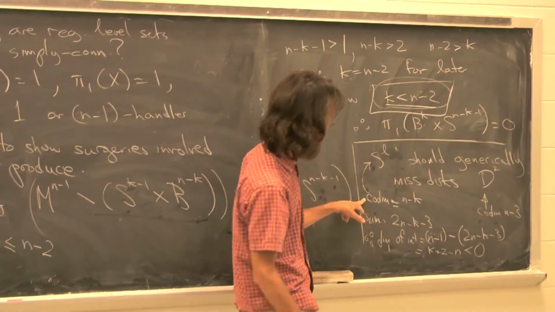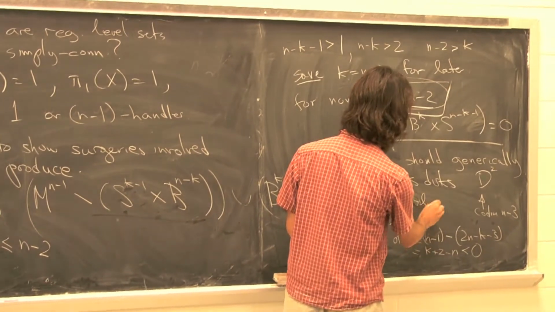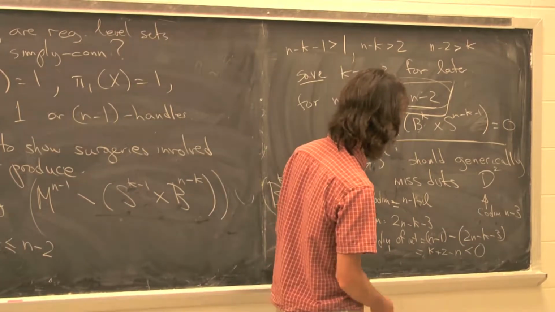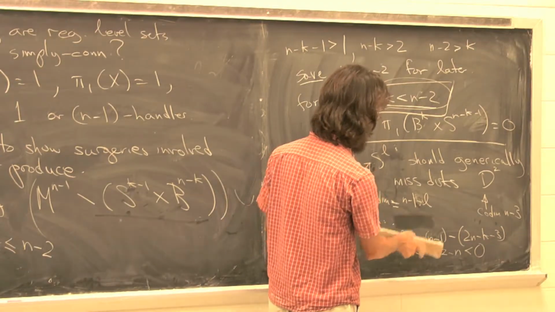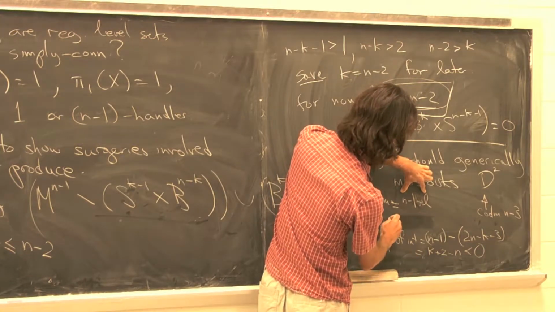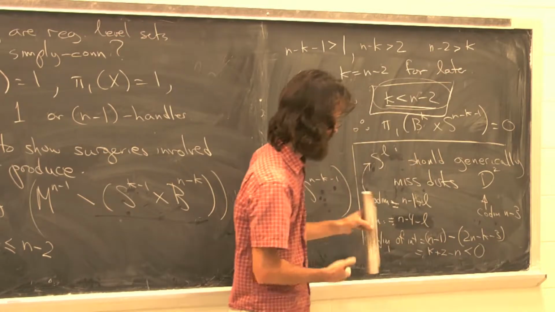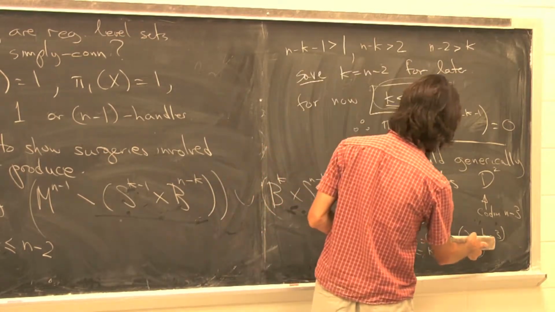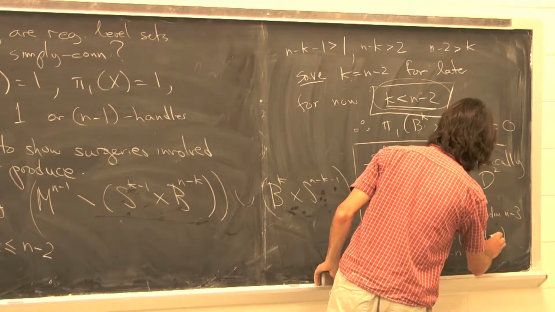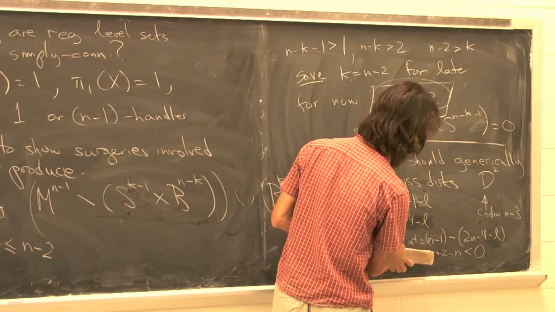So this codimension is n minus 1 minus L. And the sum of those codimensions is n minus 1 minus L plus n minus 3, which is n minus 4 minus L, and so now that's going to be L plus 3.